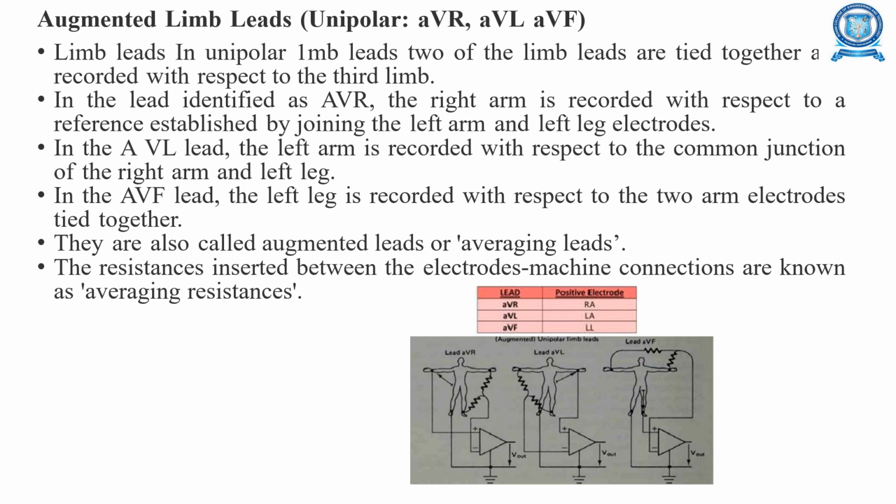In AVL, the left arm is recorded with respect to the common junction of the right arm and left leg. In AVF, the left leg is recorded with respect to the two arm electrodes tied together. They are also called augmented leads. Here are the positive electrode connections and lead connections for augmented limb leads.